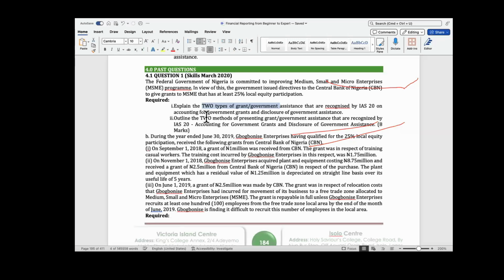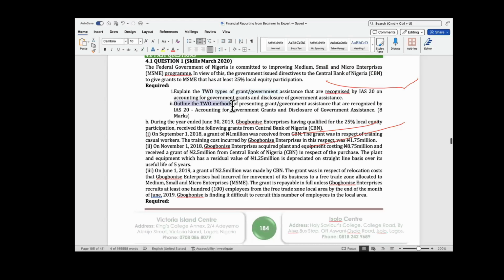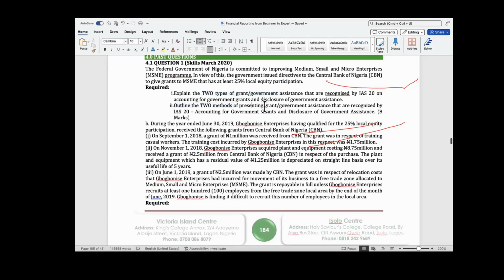Or government can even give the company an asset for free. At this point, we recognize that asset in our books, we measure it at fair value. In that regard, they said outline the two methods of presenting grants or government assistance.